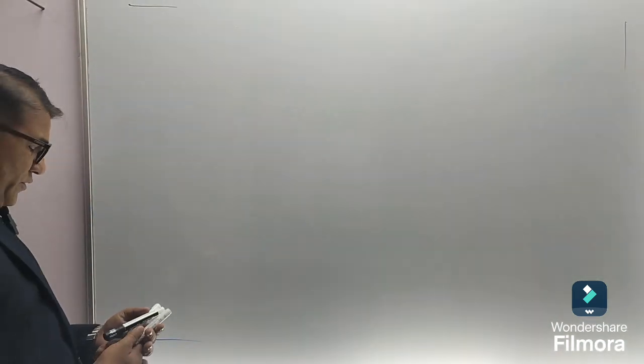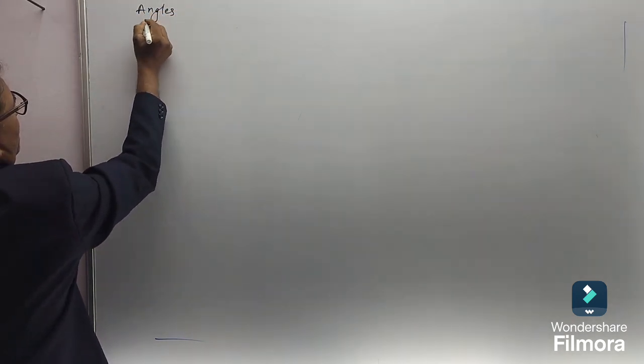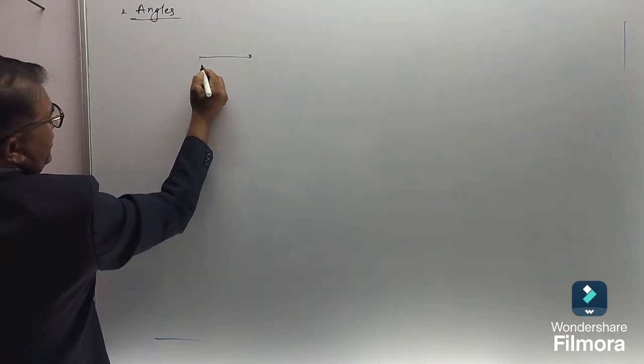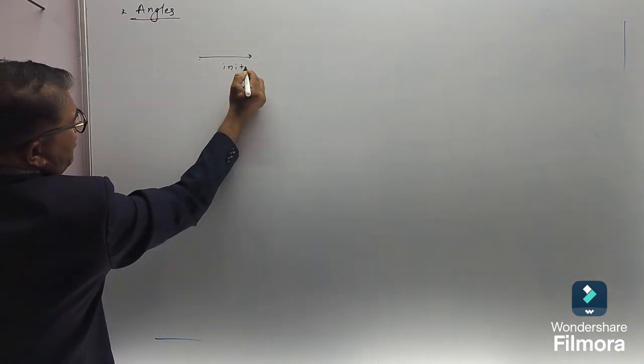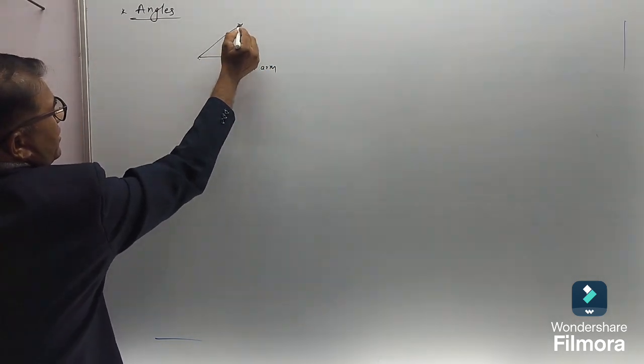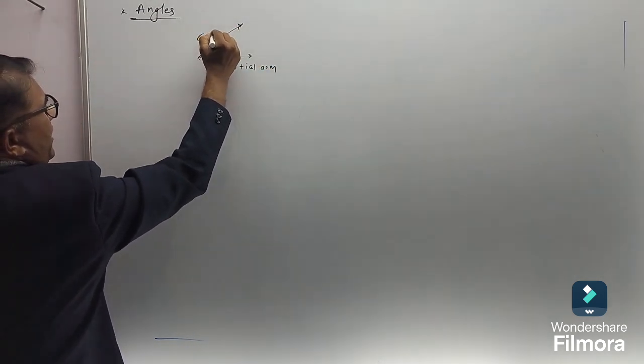Okay. Now, since trigonometry is related with angles and sides, let us revise angles first. In short, in angles we studied this is the initial arm, this is the terminal arm.